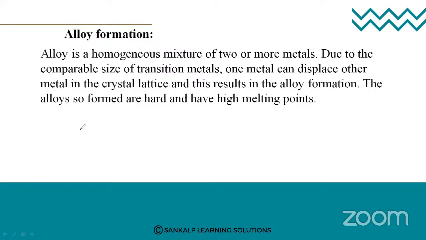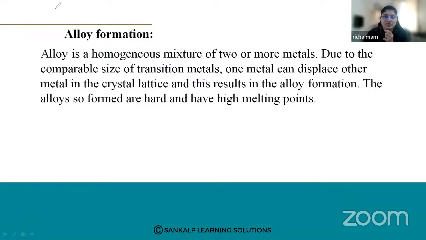Then we discussed the formation of colored ions, complex ions and complex compounds, the catalytic property, the formation of interstitial compounds, and then alloy formation. These are some of the important properties of d block elements.